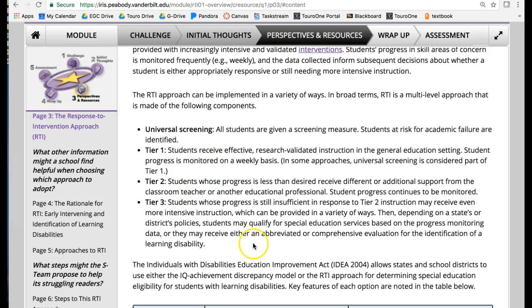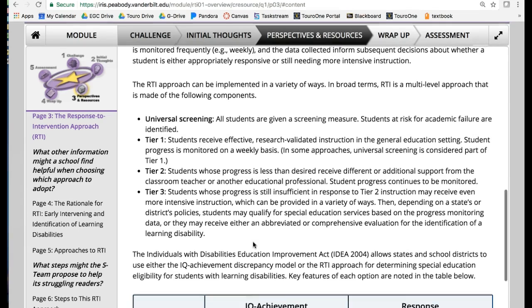And so now you've got evidence and some support for moving into Tier 3, which is more intensive. And this could possibly mean that you assess them to see if they would qualify and benefit from special education services. Or maybe you are able to get them some sort of reading specialist that comes in and works with them at a higher level.